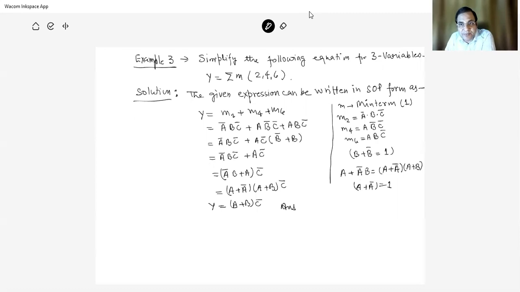The given expression can be written in sum of product form. That is Y is equal to m2 plus m4 plus m6. Now the values of m2, m4 and m6 have to be written. This has to be written in two ways: either you take from the table or you just deduce from here.